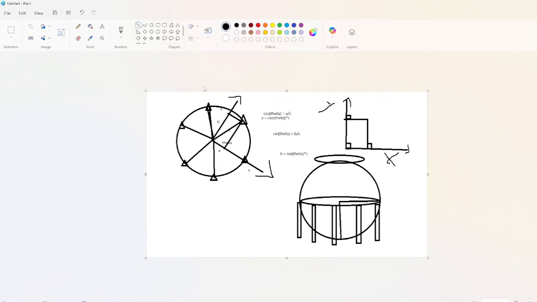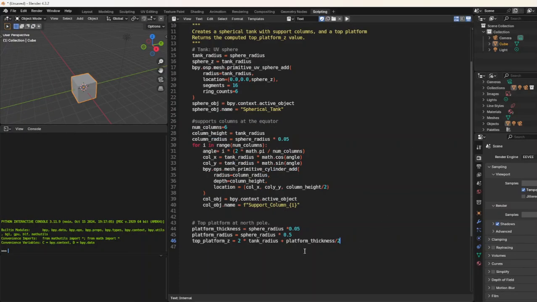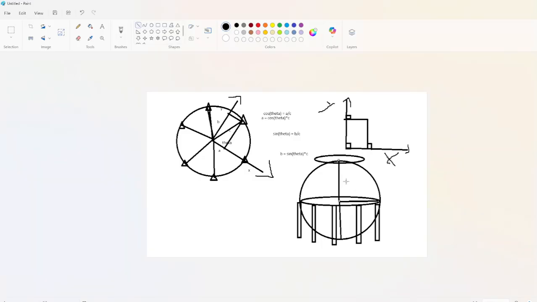This is the radius, so if you want to do it twice, you move it up here, and this is where the platform is. However, remember the z has to be the middle of the platform, and this is at the bottom. So we just have to add half the platform thickness to it, so that it comes to the middle, because half of the platform thickness is the middle of the platform.